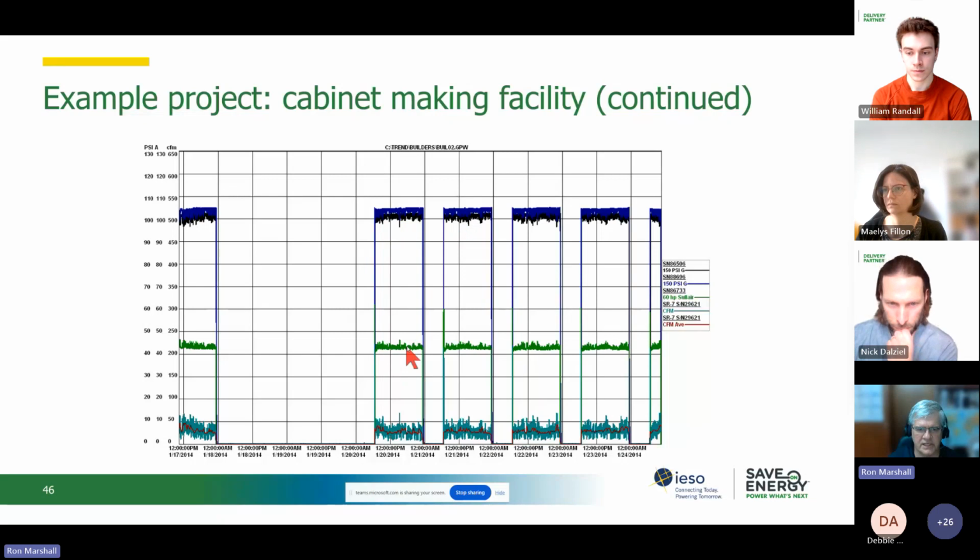So very little change in the power consumption of this compressor for a lot of flow change. The flow is jumping up and down, and what I did was put a moving average on top of it so we can see how the flow is changing over time. That's the red line on there.